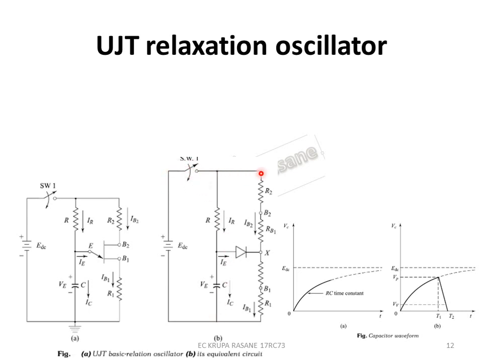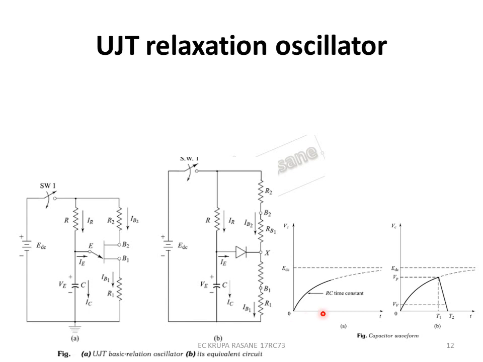Once a DC supply is applied here at X, I get eta times VBB. Of course, this value will change because R1 and R2 are external resistances we have to consider apart from eta. Anyway, as long as the voltage at this point is not greater than this by at least 0.5 volts, the diode is not going to conduct, so this path is off. Hence, when the switch closes, the capacitor charges in this fashion, and it will try to charge to EDC.